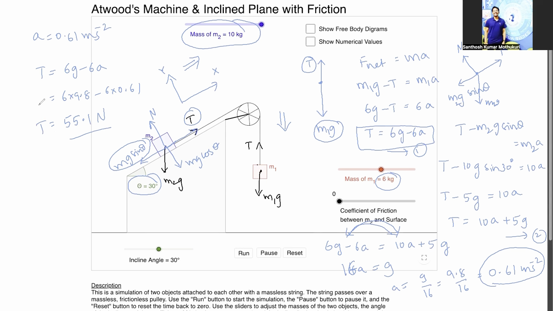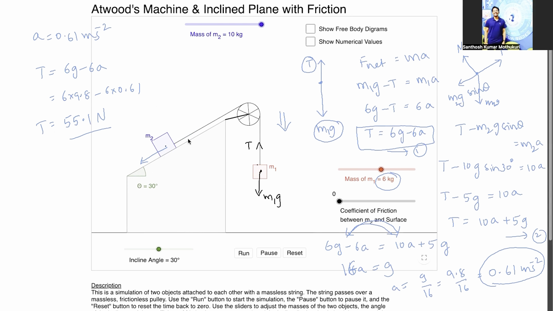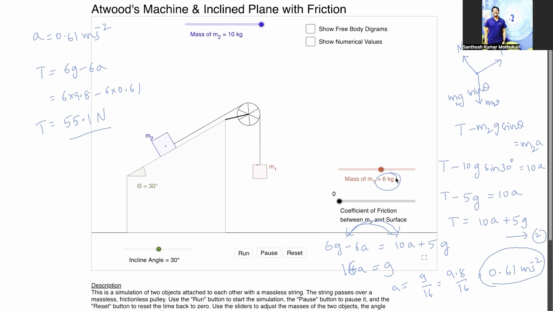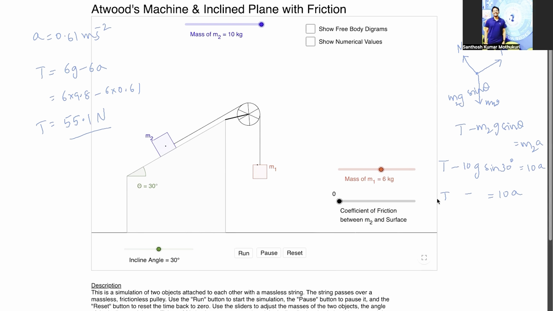So these are the two values, acceleration and tension. Let me erase the remaining things and check whether I got the same answer as per the simulation. So here we took two free body diagrams and two simultaneous equations. By solving simultaneous equations, we get one term, and the term will be helpful in figuring out the unknown.